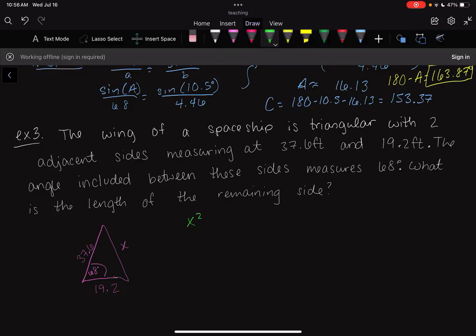So if I'm looking for x, it would be x squared equals the two sides squared and added together, minus 2 times those two sides. And then the angle inside of cosine is the one across from this side.